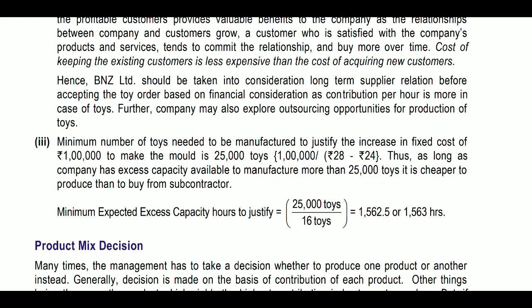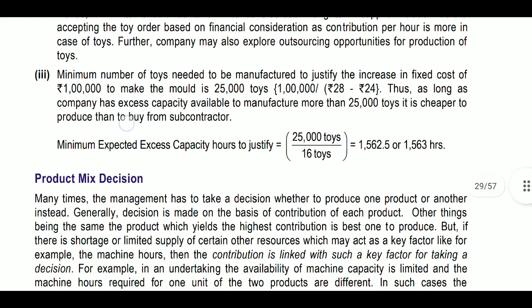Thus, as long as the company has excess capacity available to manufacture more than 25,000 ties, it is cheaper to produce than to buy from subcontractors. The minimum expected excess capacity hours to justify this is 25,000 ties divided by 16, that is 1,563 hours. This is related to the special order.